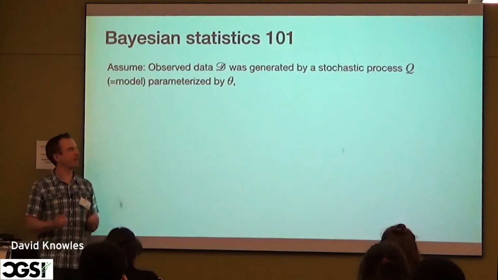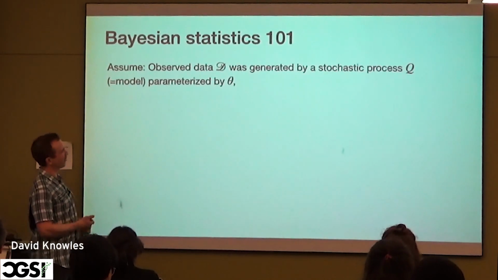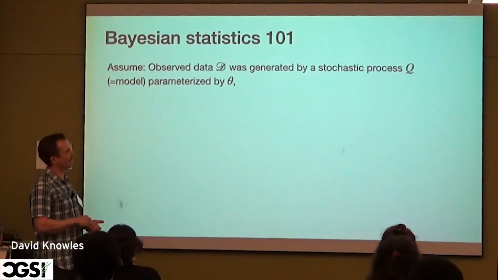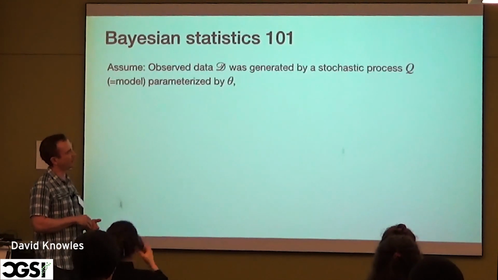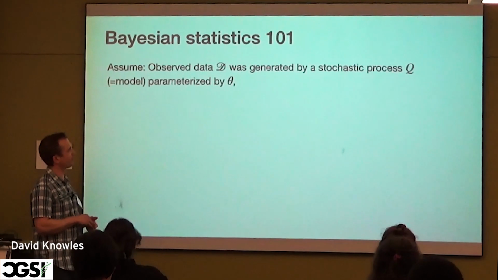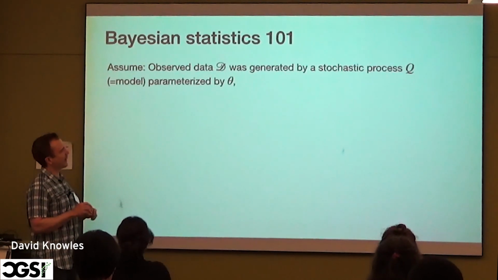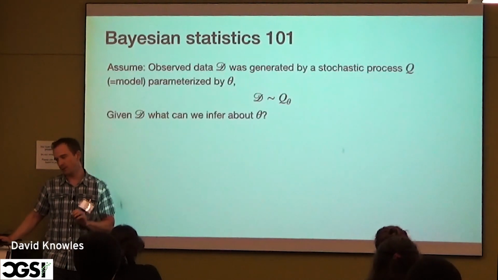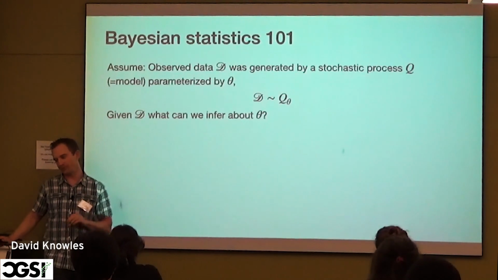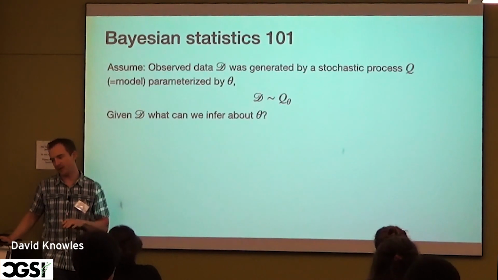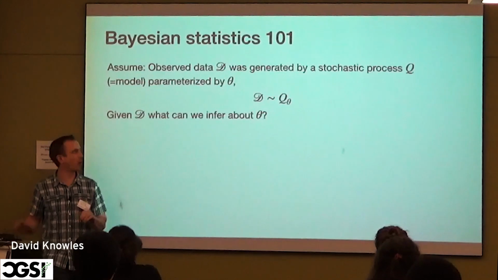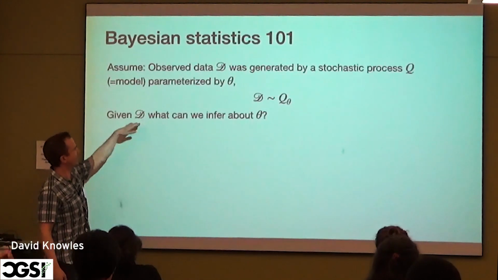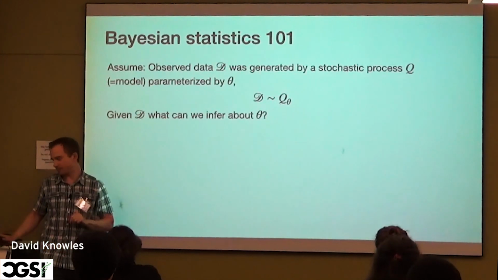To give you a very quick Bayesian statistics 101, the fundamental idea in Bayesian stats is that you assume your data, D, was generated by some stochastic process Q, which we normally call a model, and that Q has some parameters theta. So we write that like this. And the core of Bayesian stats is asking: what do I know about these parameters theta having observed some data set D?